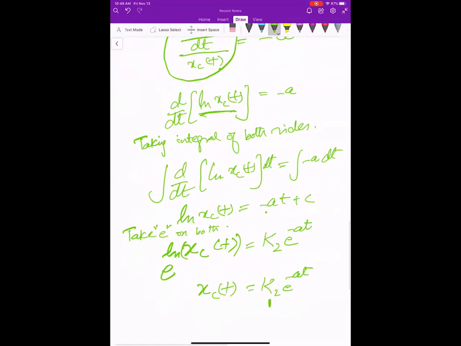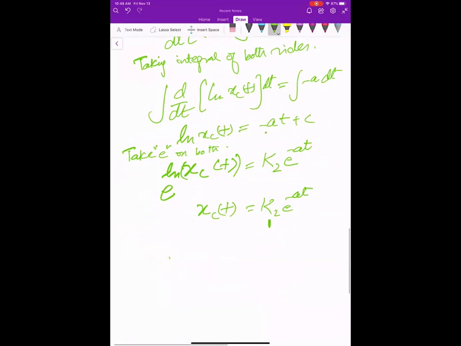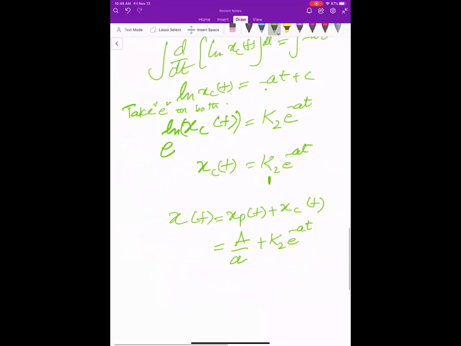K2 is, what you should say, any constant. Okay, so now what I got here is xp of t plus xc of t, where xp of t is a by a plus k2 e minus at. So let's say this is k1 plus k2 e minus at, that's my solution x of t.